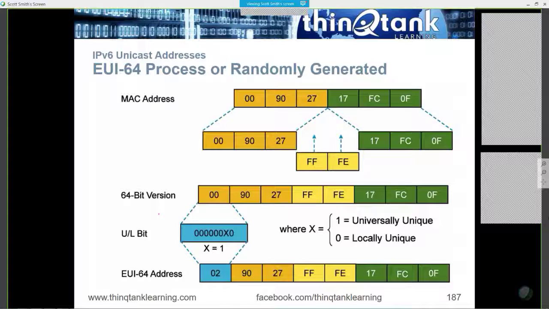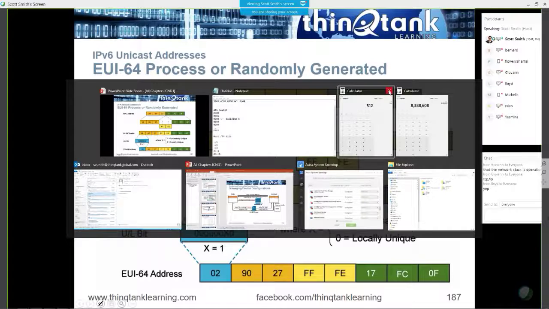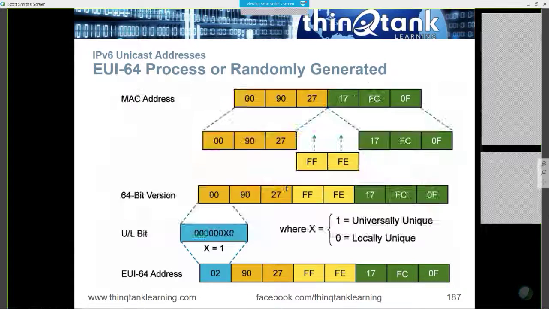So that's how a host will derive its interface address from its MAC address. I could demonstrate that real quick. Windows does something different because Windows randomizes that process for security purposes, but on a router, that's not the case.